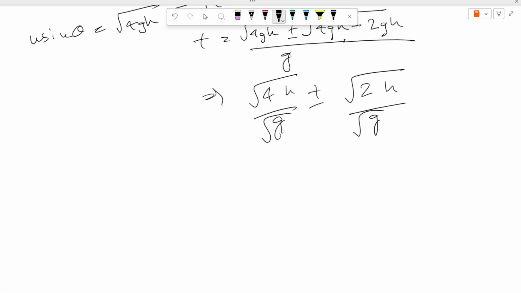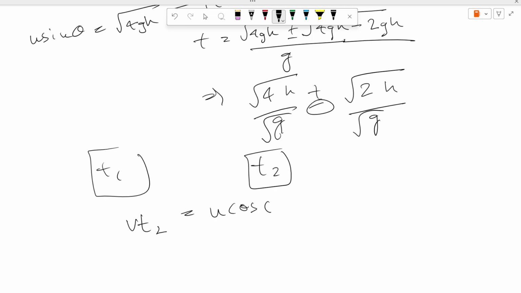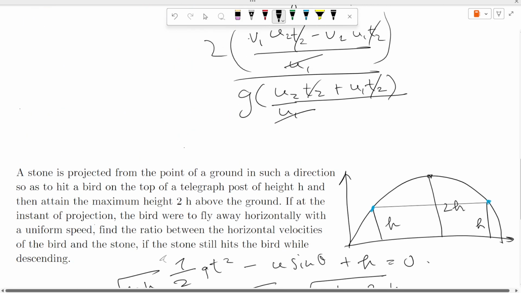So let's just figure out this. Let's assign the negative sign value to t1 and the positive sign value to t2. Okay, so v t2 can be given to be equal to u cos theta into t2 minus t1.